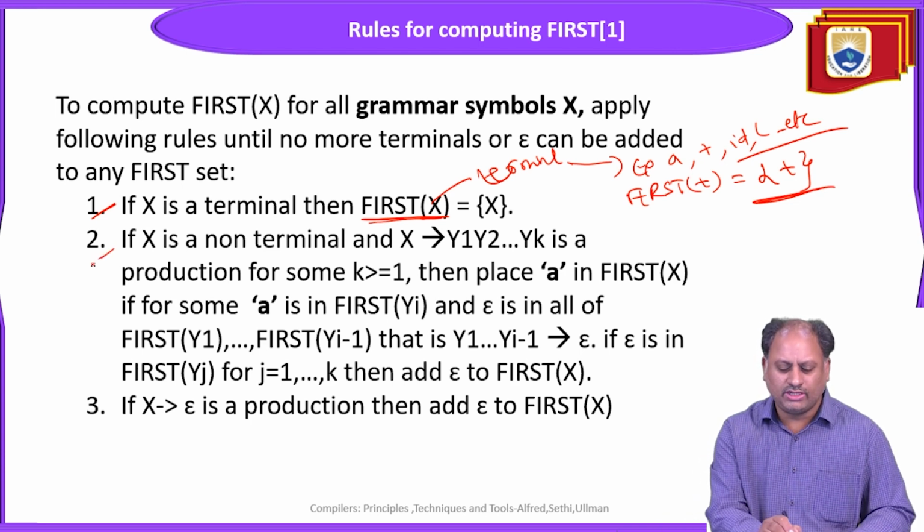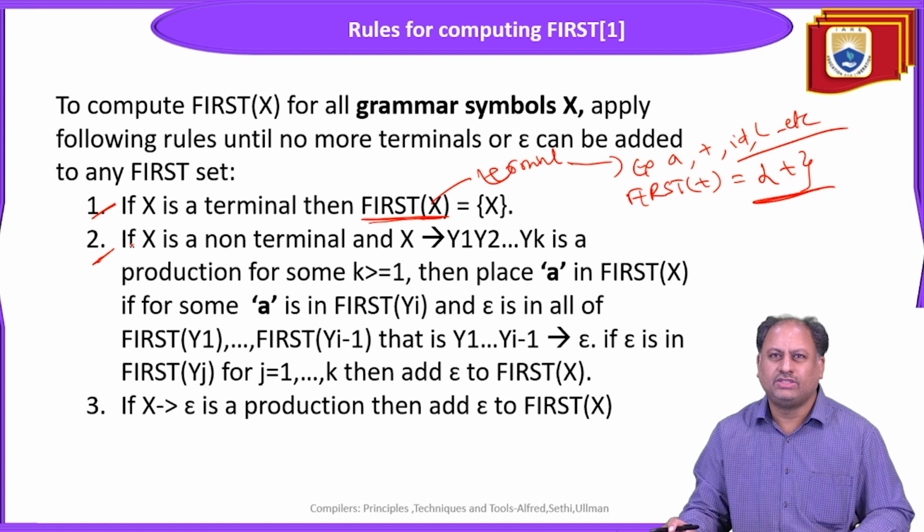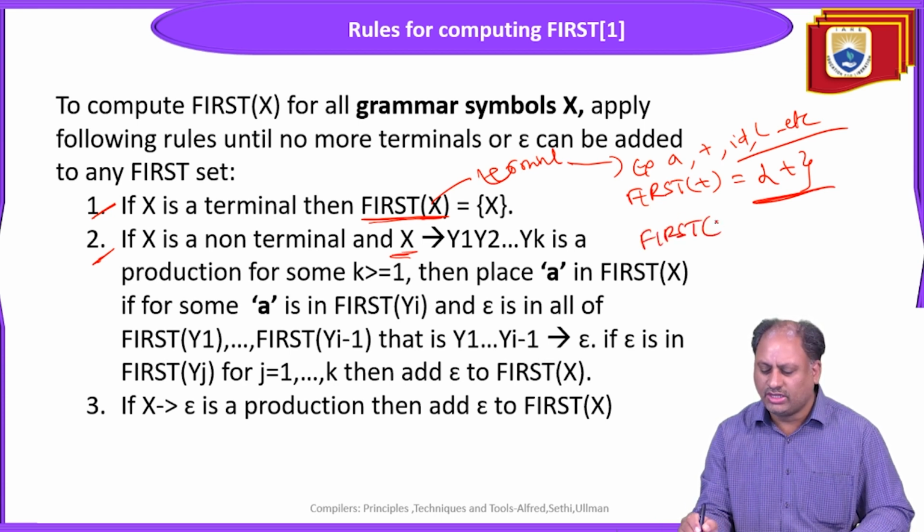The second point is where, instead of a terminal, a non-terminal appears in the computation of first. Then first of X can be obtained by calculating the computations of the corresponding non-terminal.